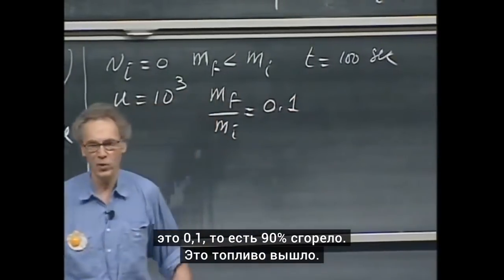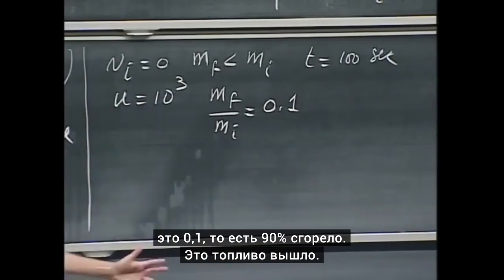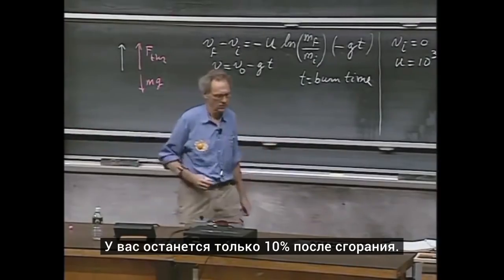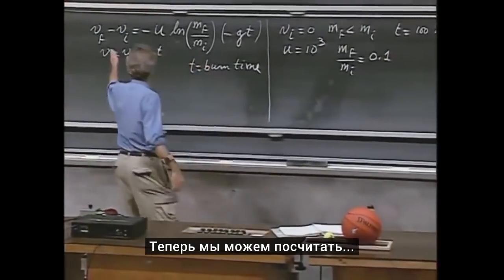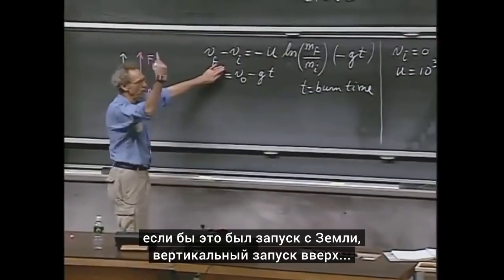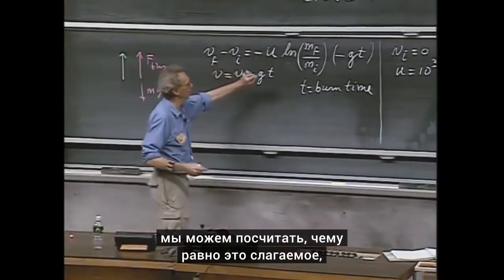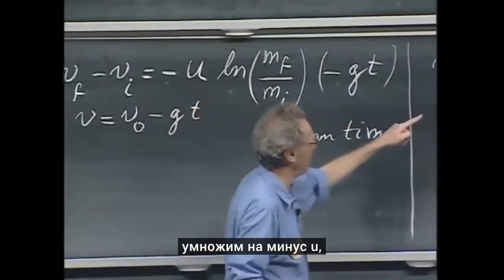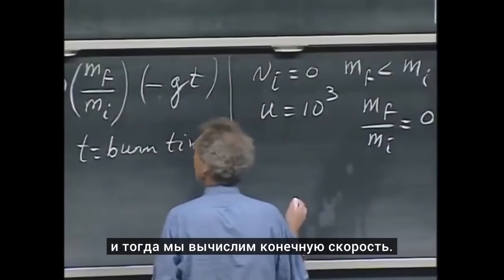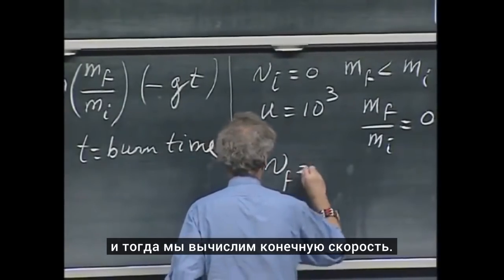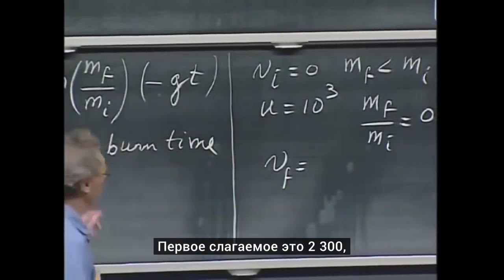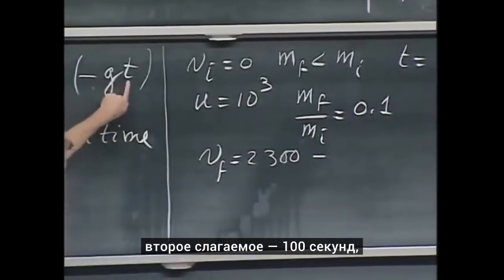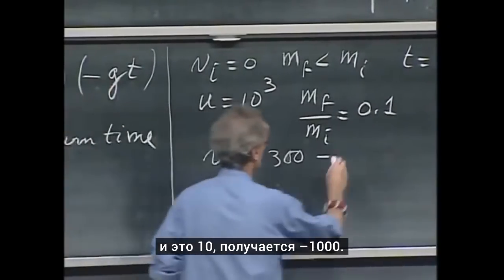So 90% was burned away. There's fuel that is gone. You have only 10% left when the burn is over. So now we can calculate, if this was a launch from Earth, a vertical launch up, how large this term is, take the logarithm of this value, multiply it by minus u, and then we find that the final velocity, the first term is 2300, and the second term, 100 seconds, and this is 10, is minus 1,000.